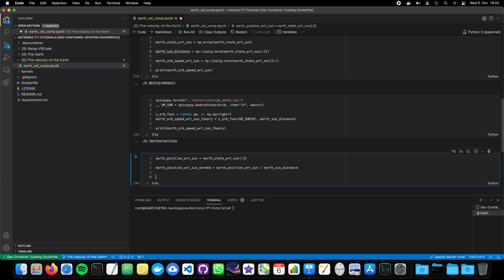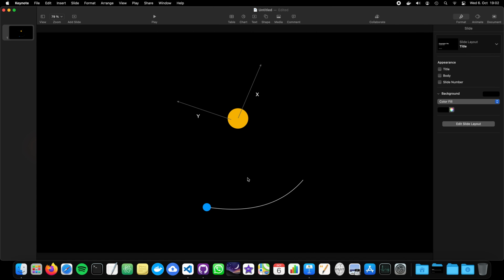Now, let's have a reminder in this graph: the position of the Earth when autumn starts is an X position of 1 AU, a Y value of 0, and a Z value also 0. A day later, the Earth moves with 30 kilometers per second, so we have a certain angular distance between this autumn point and one day later.